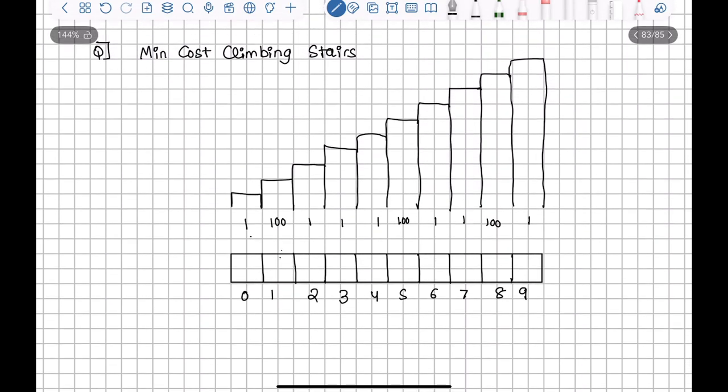So here essentially, what I am trying to do is I'm using a bottom up approach. Or to make it simple, I can also start from the top, the top down approach.